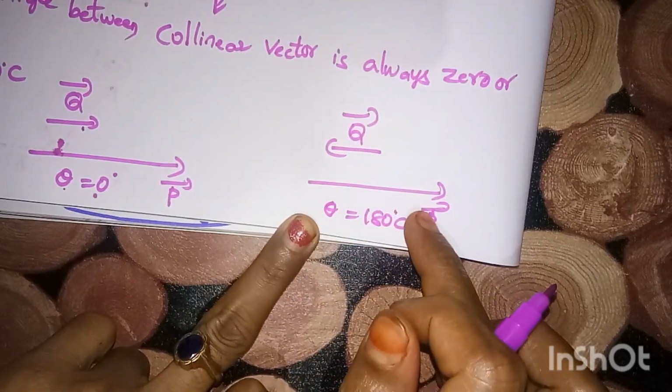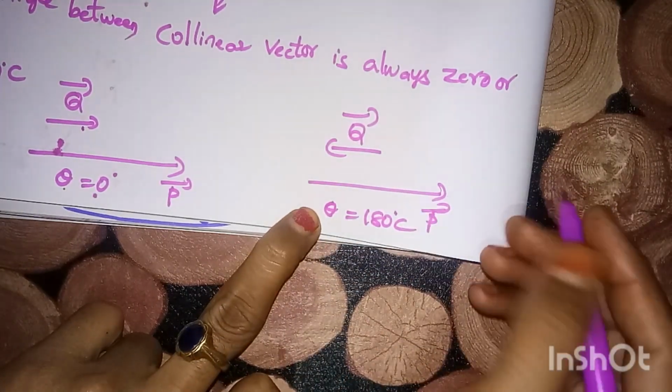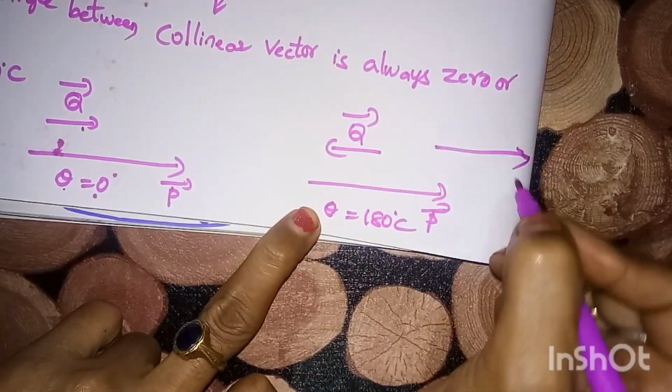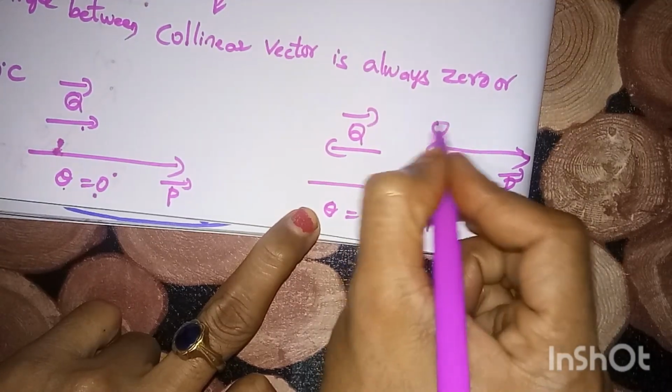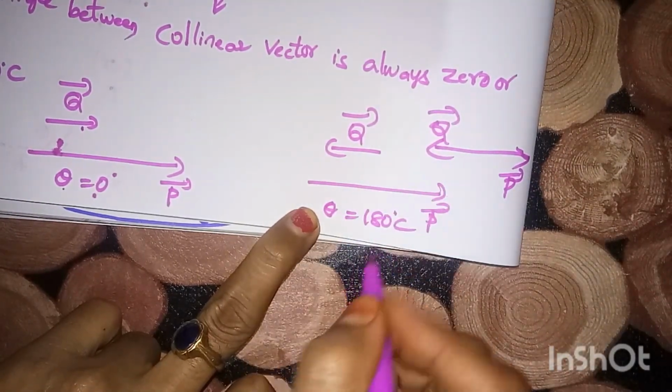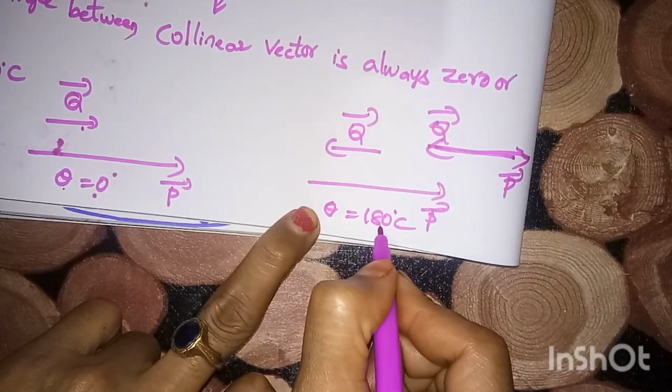Because the two vectors are moving in opposite directions to each other, but they are in the same line. This is the line: P is moving like this and Q is moving like this. So this represents 180 degrees.